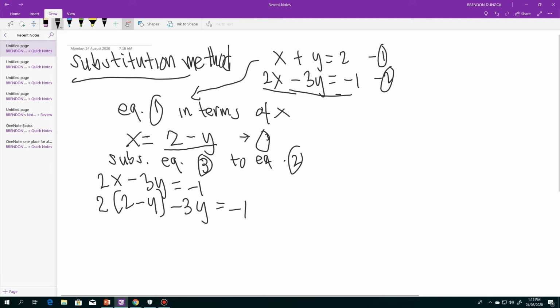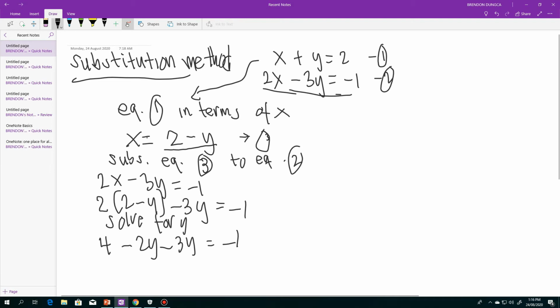So now we can solve for y. So our first process is to solve for y. By virtue of distribution, we have 2 times 2 is 4 minus 2y minus 3y is equal to negative 1.